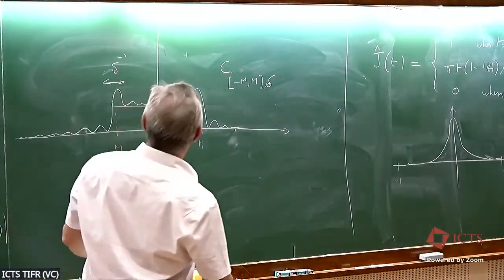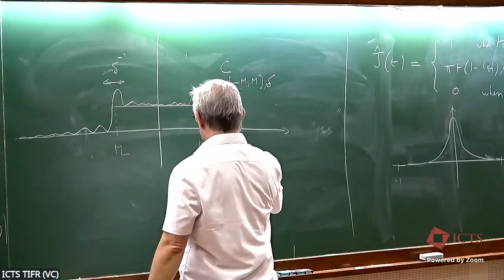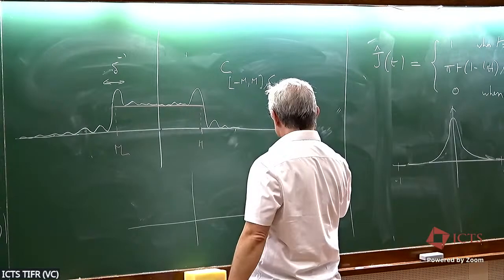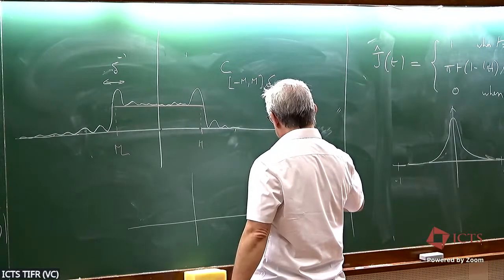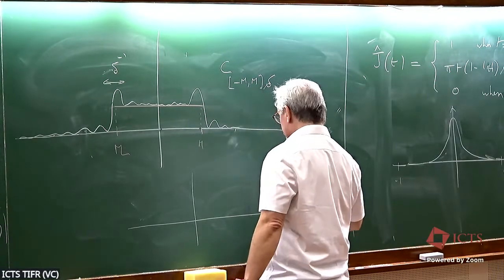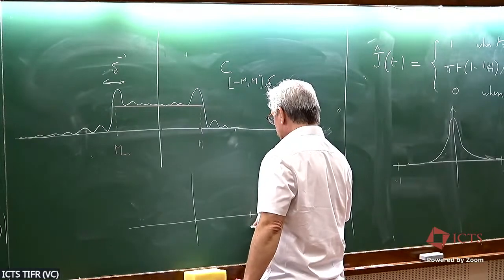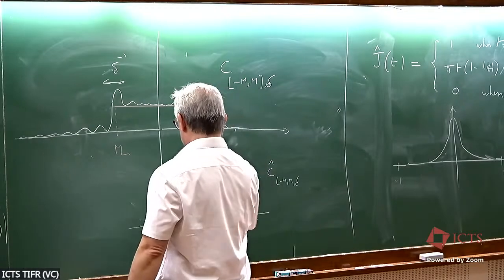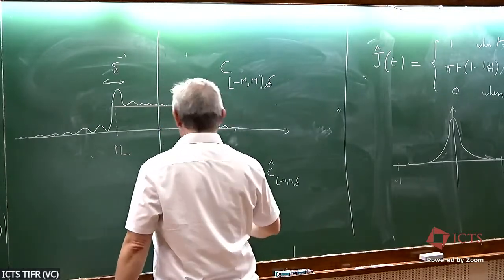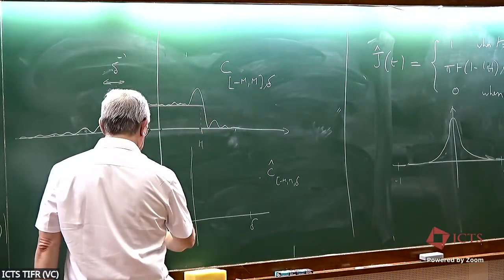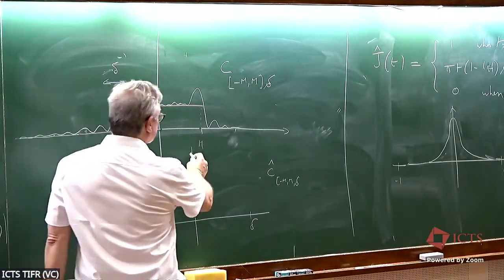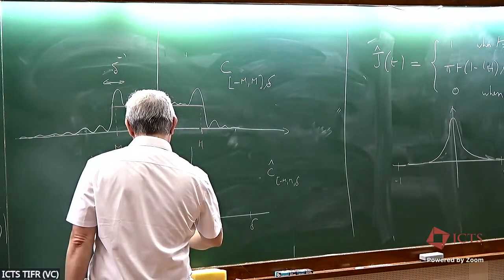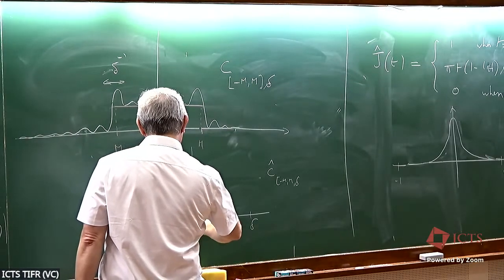And okay, the last one is this one, the C hat of minus m, m, delta. So in delta here, well, here, sorry. Minus delta. So this function has a sharp peak here, okay? But it is slightly negative.